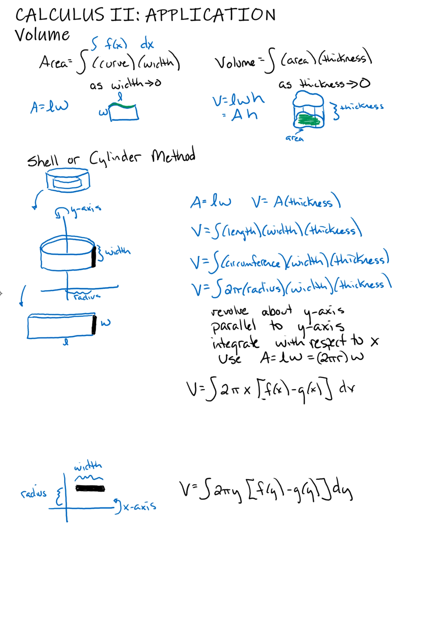Of course, if we are revolving about the x-axis and the piece we are looking at is parallel to the x-axis, then we will integrate with respect to y, and for our area, we'll again use length times width, which is 2 pi times the radius.